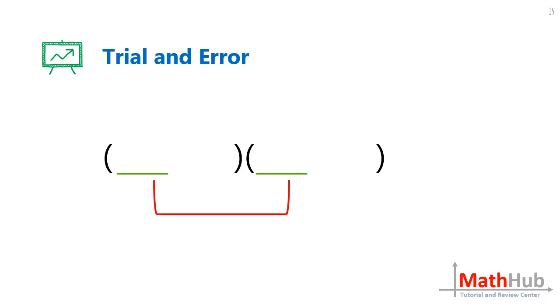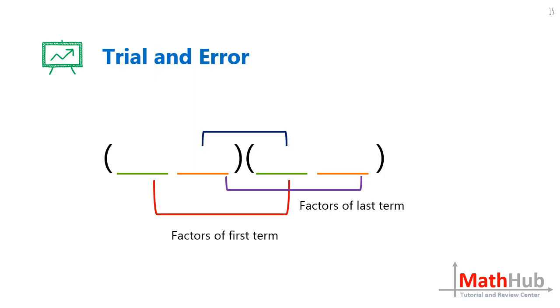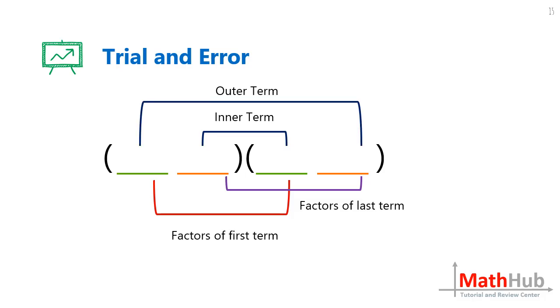For the first terms, you write the factors of your first term. For the last terms, you write the factors of your last term. But don't forget to check your outer and inner terms, or the OI term. Check the outer plus inner. It should be equal to the middle term.